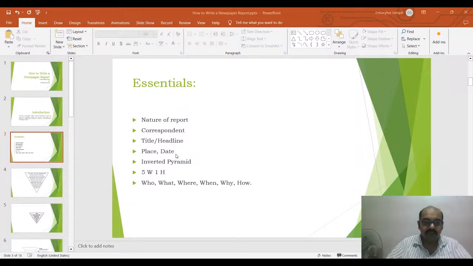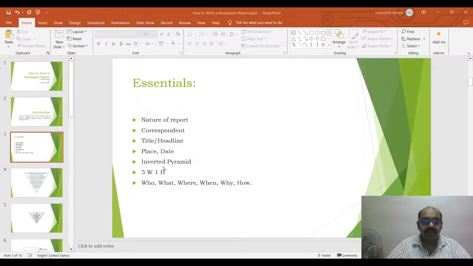Then you have place or date. Just underline the headline. On the left hand side, first you give the place, that is either Kolkata, New Delhi, wherever it is, and then the date, that is 14th June 2024 or the 25th May 2024, whatever the date is.